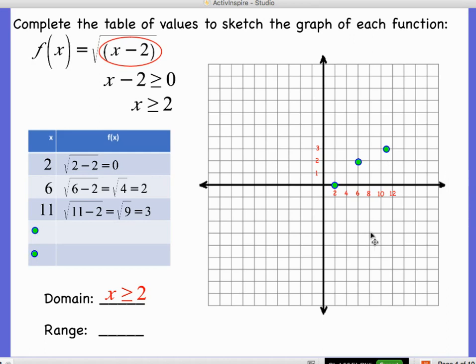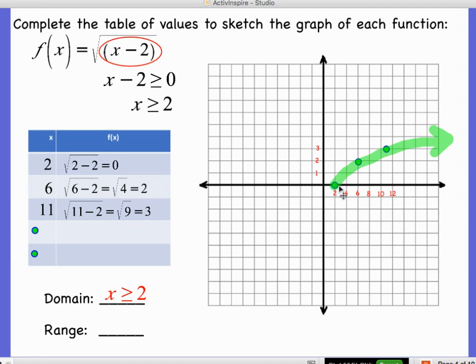Okay, now with these 3 points, I can do a quick sketch of my square root function, the square root of x minus 2. I'm going to attempt at connecting these points. And I'm going to have an arrow because this function can continue. Now, what are the possible values for the range?